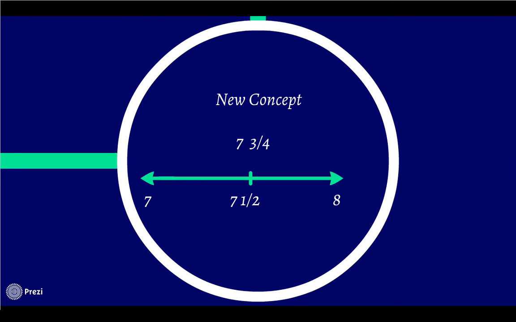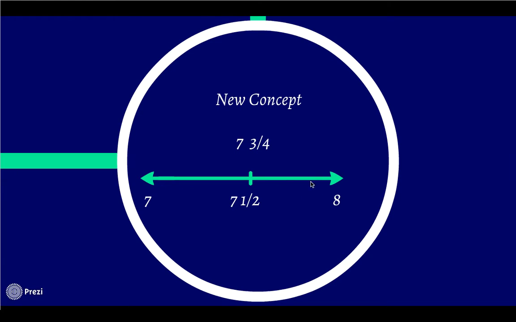Here's your new concept. Say we have a mixed number, 7 3/4. What we want to do is round 7 3/4 to the closest number. We know that 7 3/4 is somewhere in between these two lines. This is not totally to scale, but if this is 7.5, we know that 3/4 is larger than 1/2.